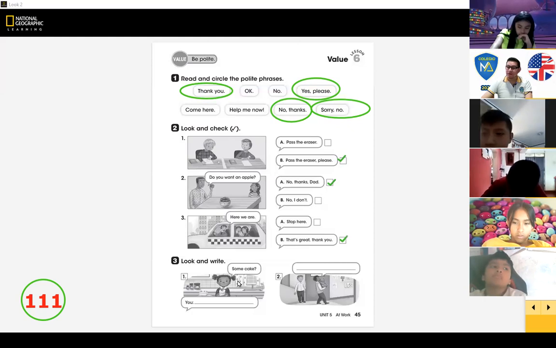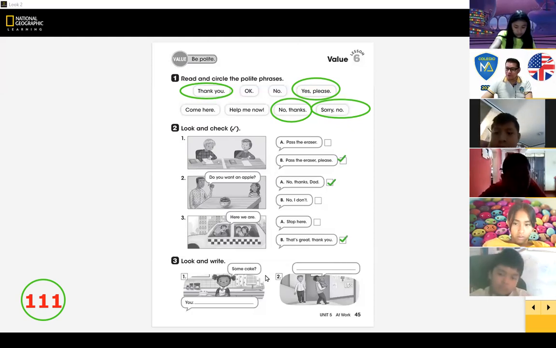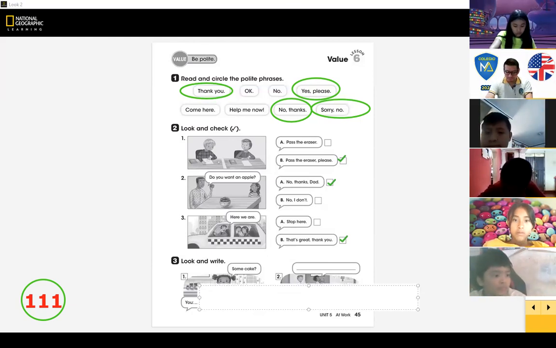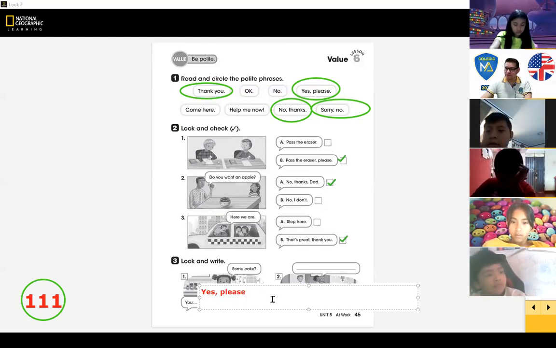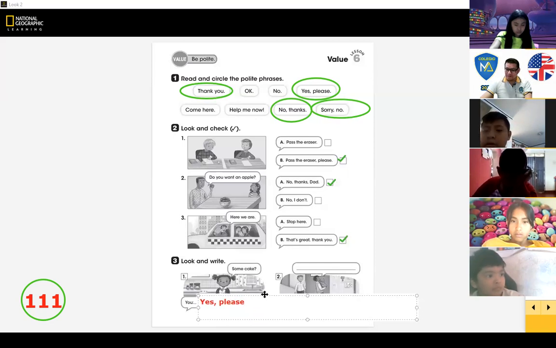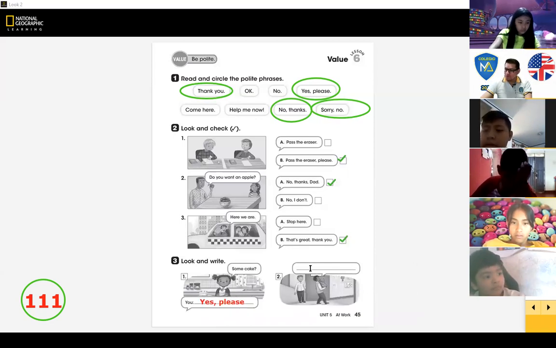This is polite. Look and write, no? Some water, you can say, yes, please, no? For example, yes, please. This is how you are polite, no? And now the other part says, look at this part. What can you say here to be polite?